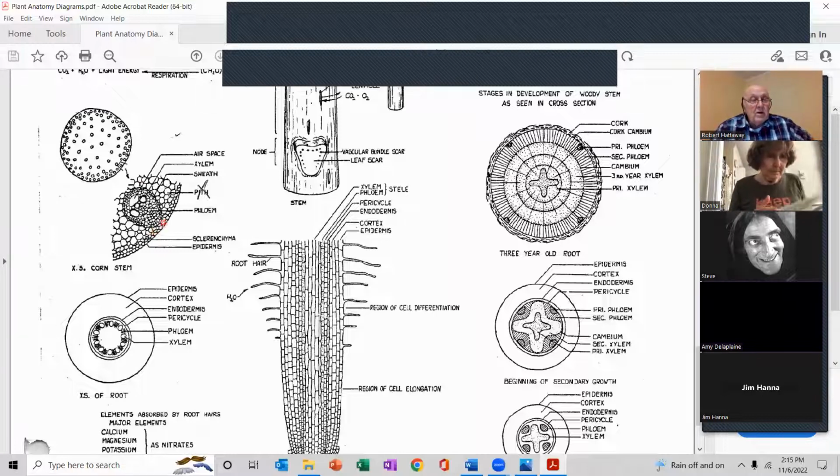Now, normally, if I ask you, would the phloem be on the outside out here or the inside? The answer is the phloem is on the outside and xylem is toward the inside. And that's the norm in stems.